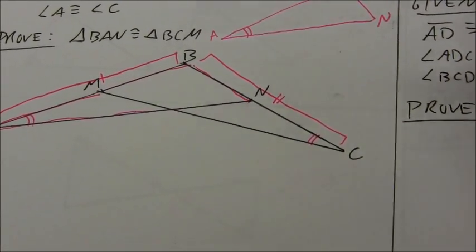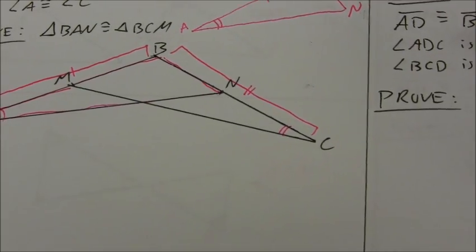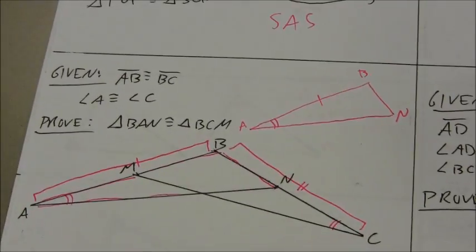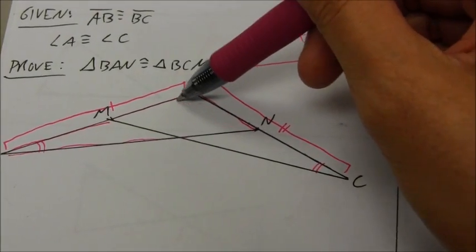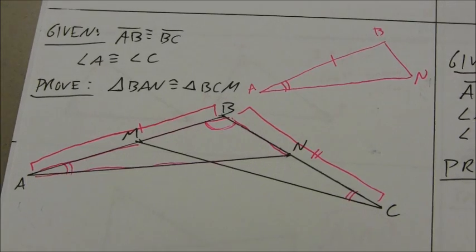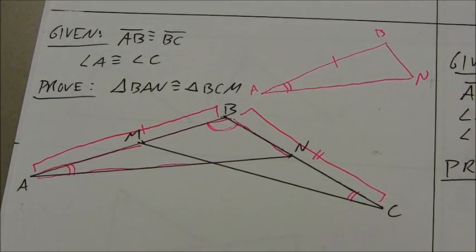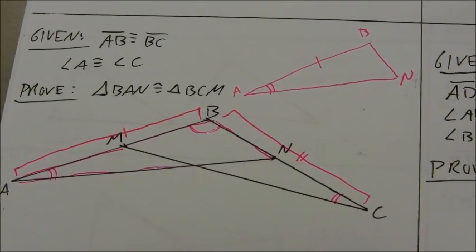So angle A got marked, side AB got marked, and you'll notice the two triangles don't have any other given information. However, notice that both triangles share angle B. According to the reflexive property, that's the same angle B for both of those two triangles.